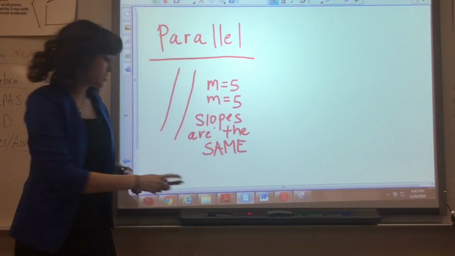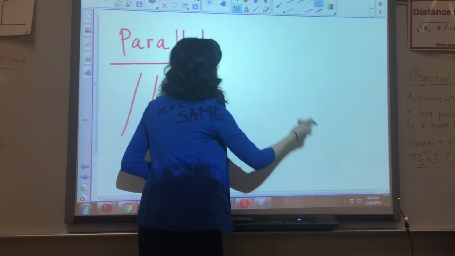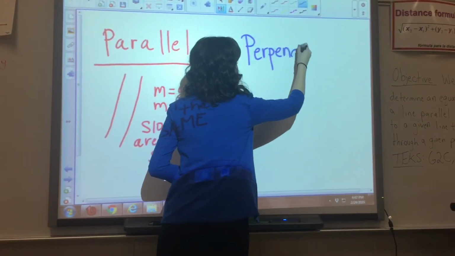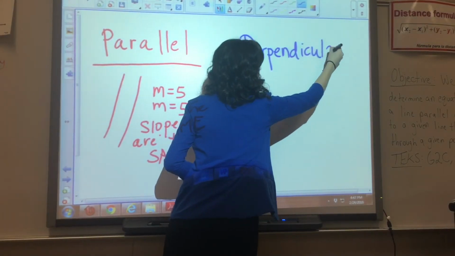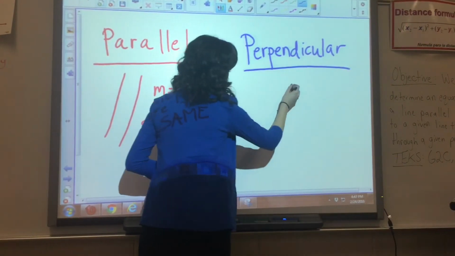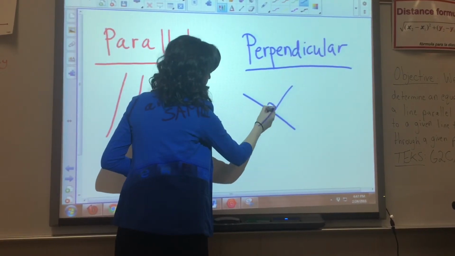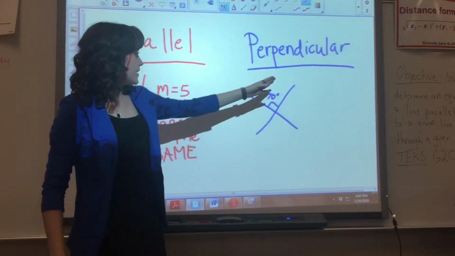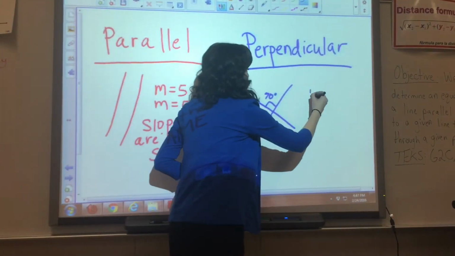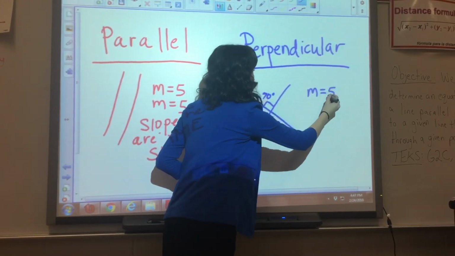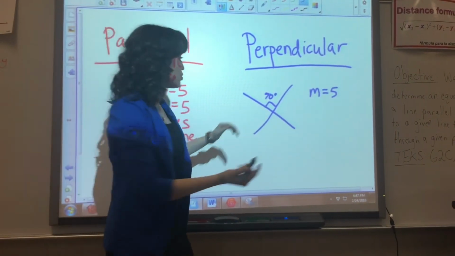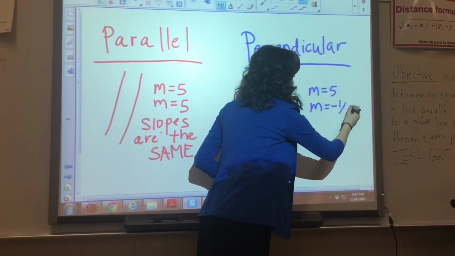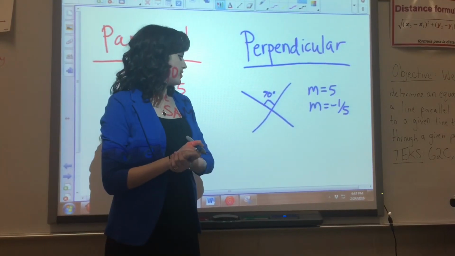Now we're going to go on to perpendicular lines here. Just drawing a rough sketch of it, it creates a 90-degree angle and they connect at one point. Let's say for line 1, the slope was 5, like we have here, but for line 2, it would be negative 1/5.